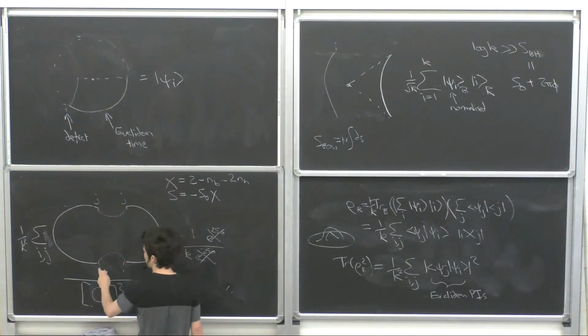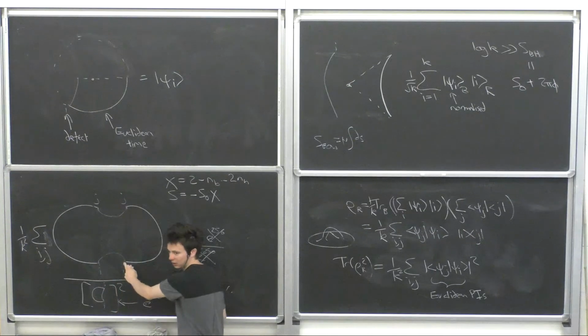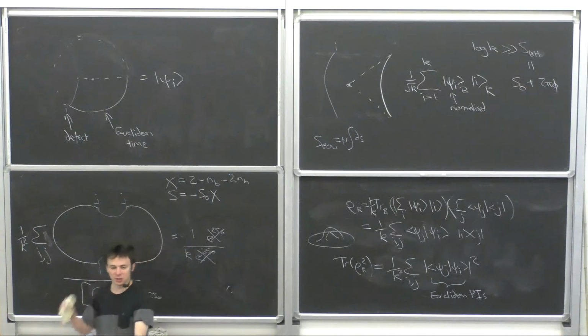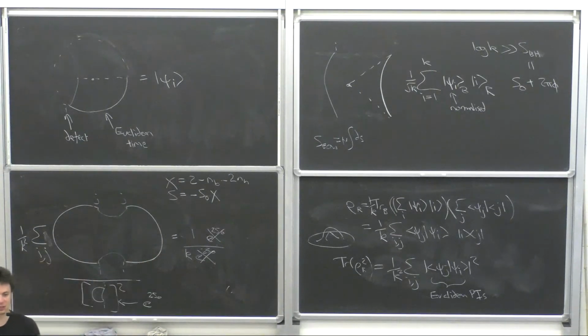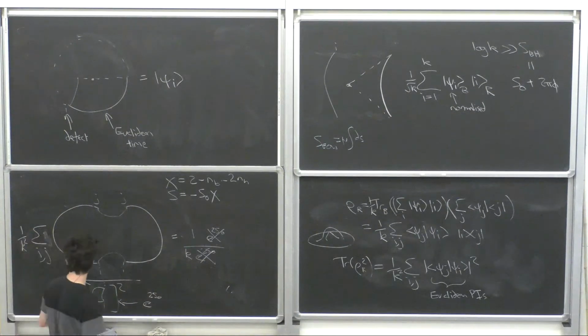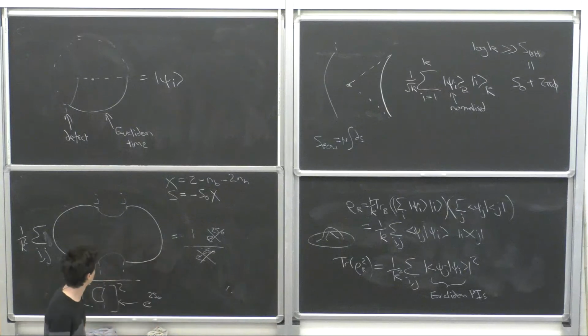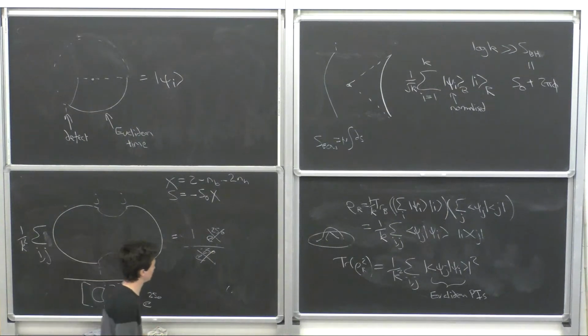You'll see that now this end of the world brane in state i is connected to another end of the world brane in state i, whereas j is connected to j, and there's no longer any reason that i and j have to be equal for this to give a non-zero answer. So unlike the two black hole answer, now this double sum over i and j gives us not just a factor of k, but a factor of k squared. That exactly cancels out this 1 over k squared, and we no longer have a 1 over k down here.